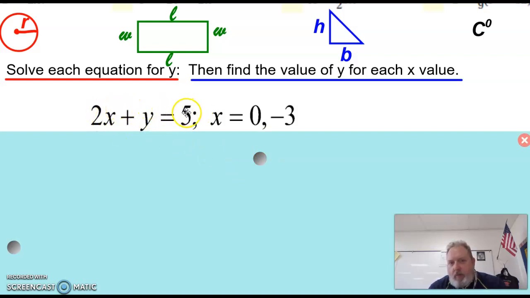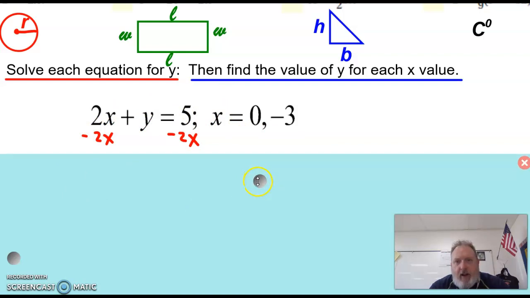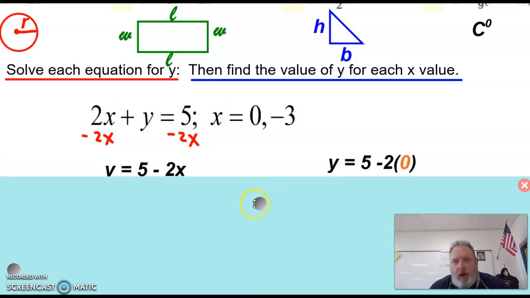So just like we would move a number by adding or subtracting, same thing here with 2x. So we are going to subtract 2x to the other side, like so. So you've done this before. So we subtract 2x to get it over to the other side of the equal sign. And that will give us y equals 5 minus 2x.